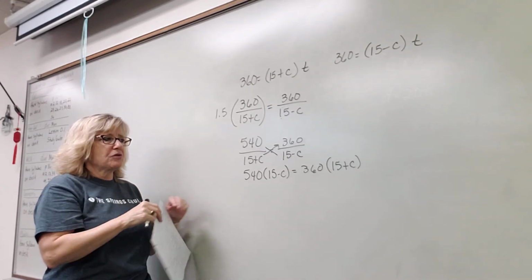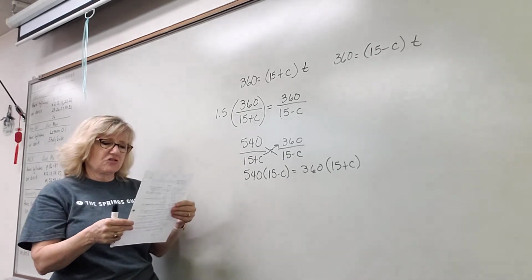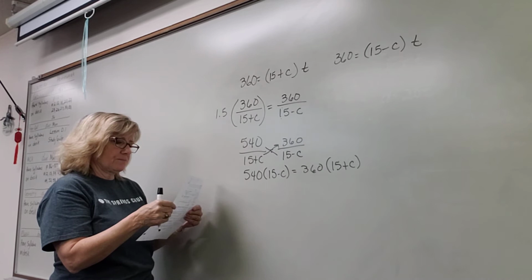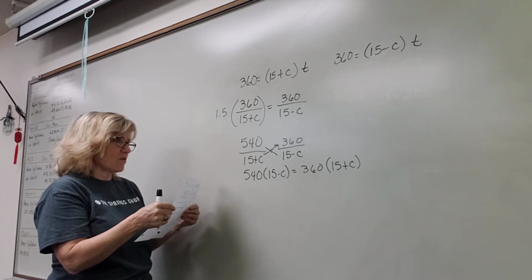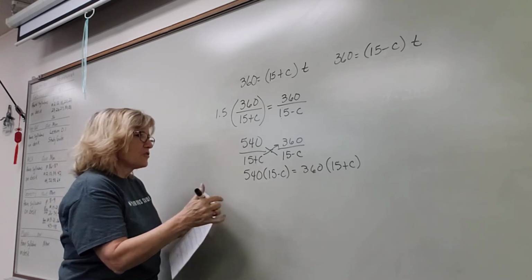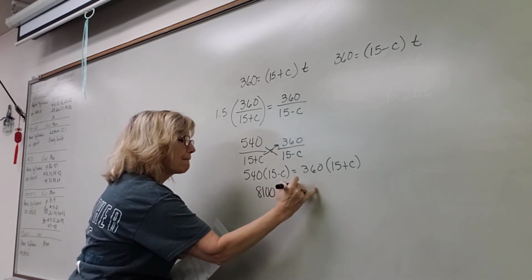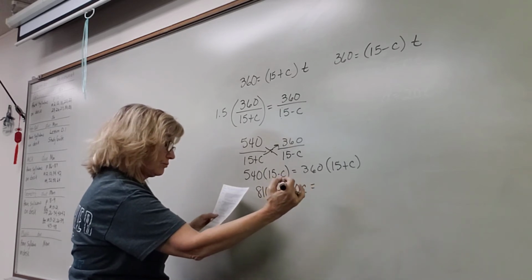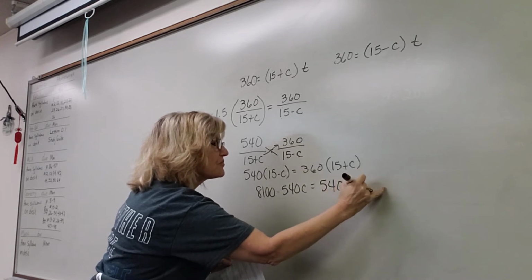Then you're going to distribute the values, and I figure you guys know how to do that, so I'm just going to show you what you're going to end up with. Why does that seem wrong to me? It's not. It is correct. So this is going to end up being 8100 minus 540c equals 5400 plus 360c.